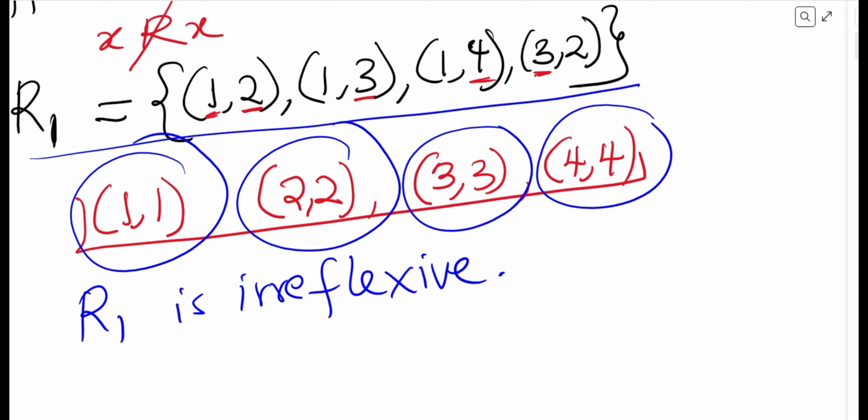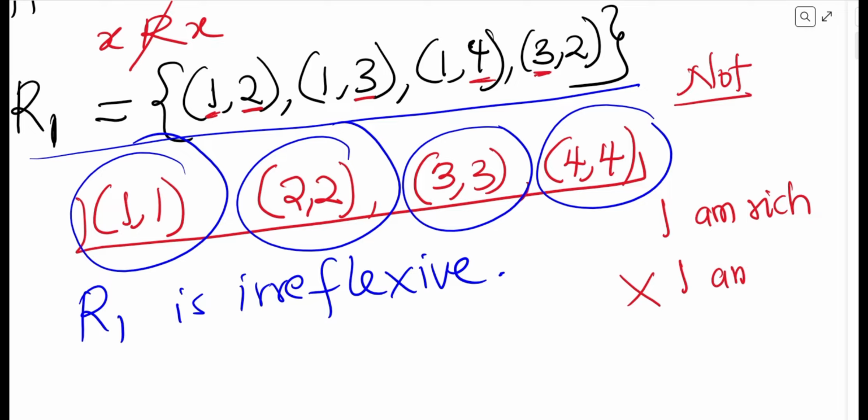Having said this, I want to remind you that we are still under logic and set theory. So the negation of a statement, I believe you should know. For instance, I am rich. The negation of this statement is not I am poor. Rather, it is I am not rich.